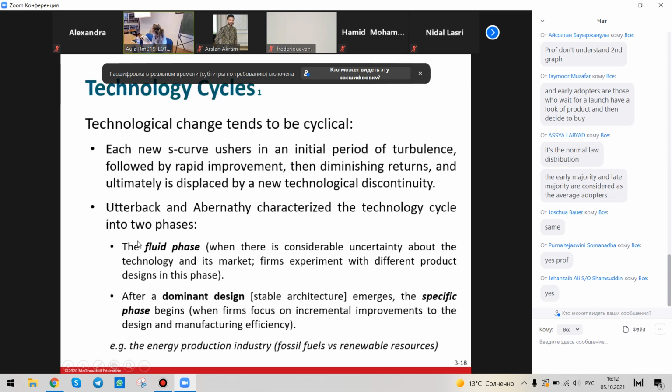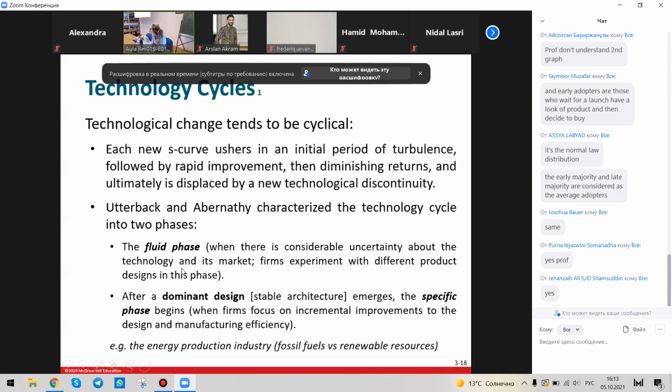The first one can be defined as the fluid phase, while the second one can be defined as the specific phase. In the first phase, the fluid phase, we can identify what we call technological discontinuity.